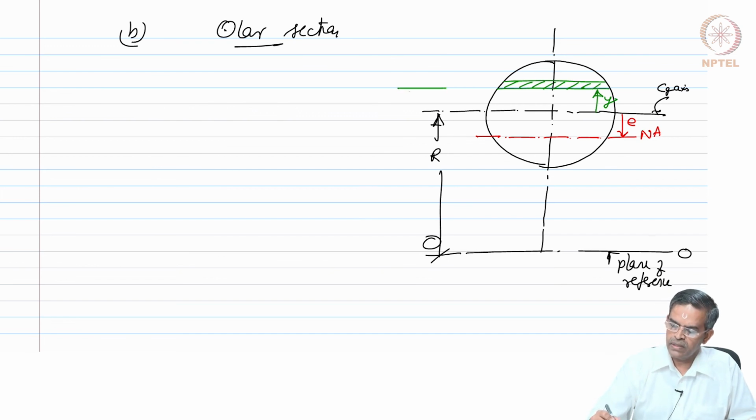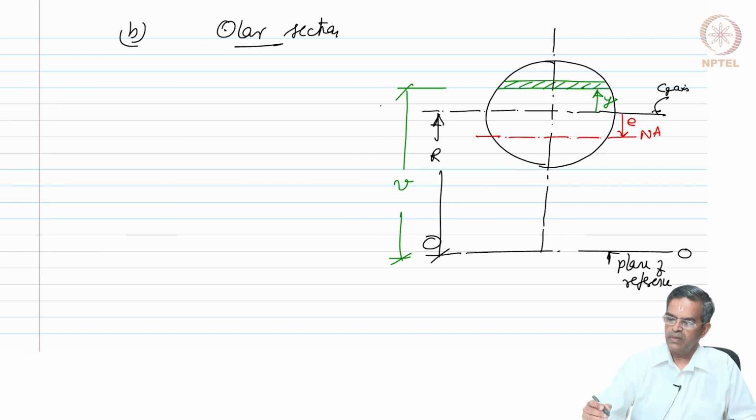Let us say this strip is at a distance v from the plane of reference. Let us say the thickness of the strip is dv.